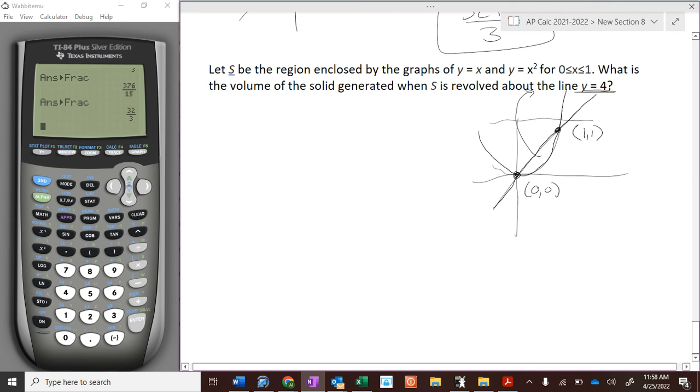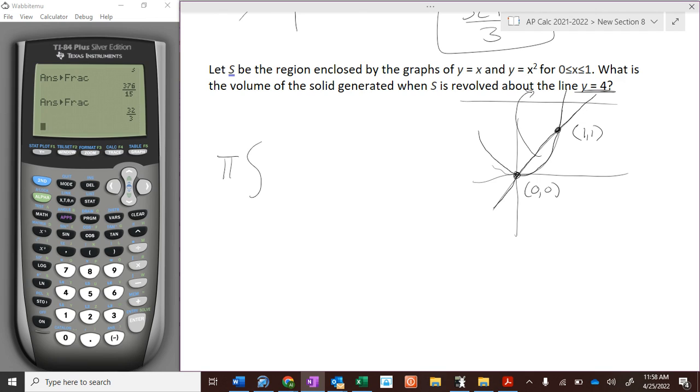So it's going to be what method? Washer method. Okay? Because there's going to be a hole in this, because 1, 1 isn't all the way up at 4. This is kind of deceiving. This line should be way up here somewhere, quite a bit higher than that. So when you do the washer method, it's pi integral of the long radius squared minus the short radius squared.